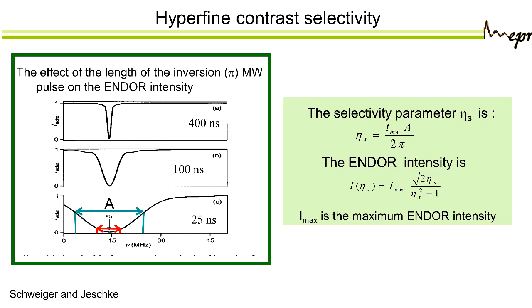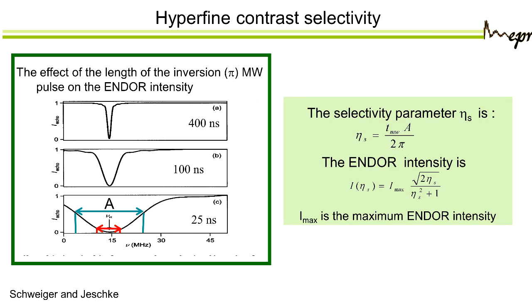So sometimes you want to disentangle your spectrum because it's too complicated. So you can measure it twice, once with a short inversion pulse and once with a long one, and then you kill some of the small couplings and you're left with a large coupling. So here you see, for instance, on the left, you see this hole as a function of the first inversion pulse.